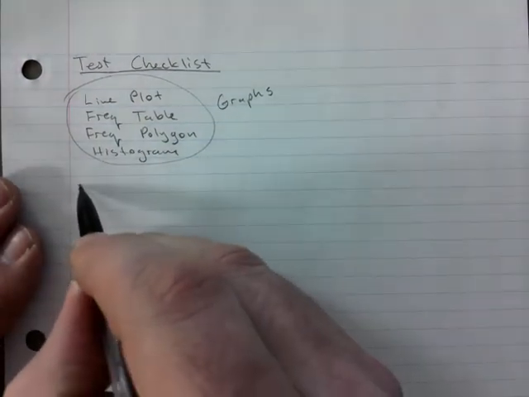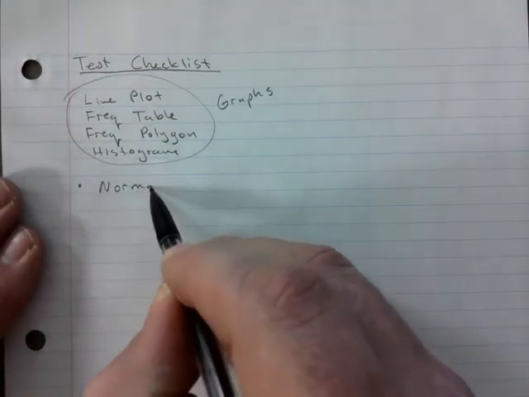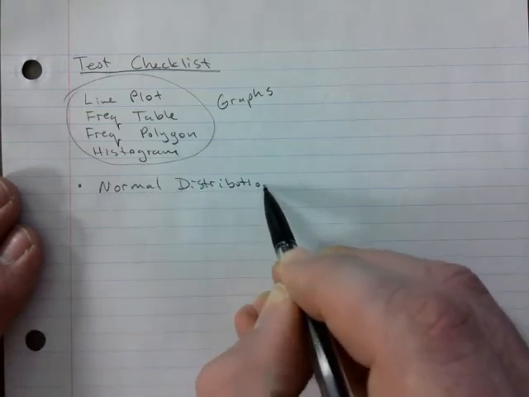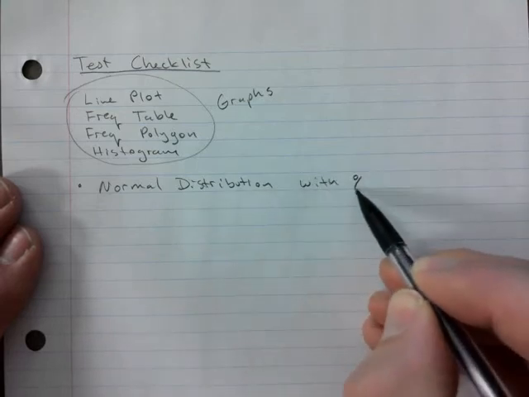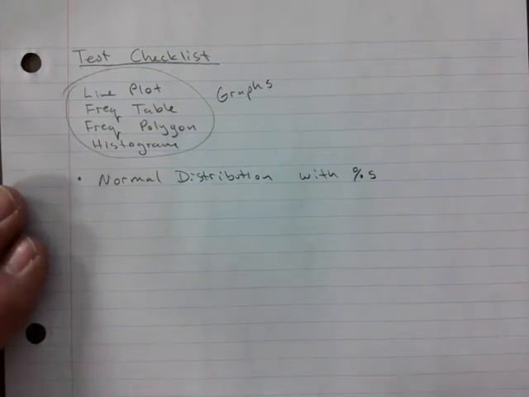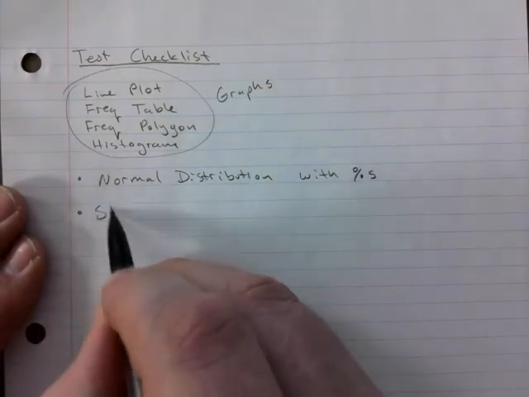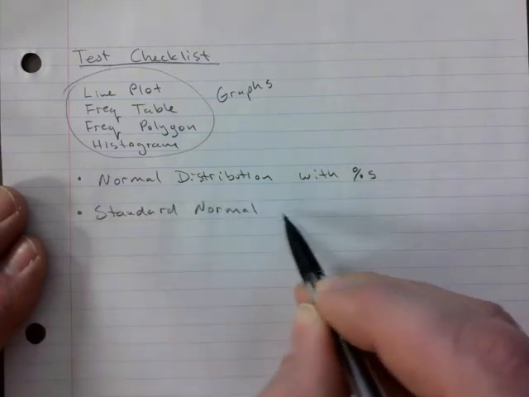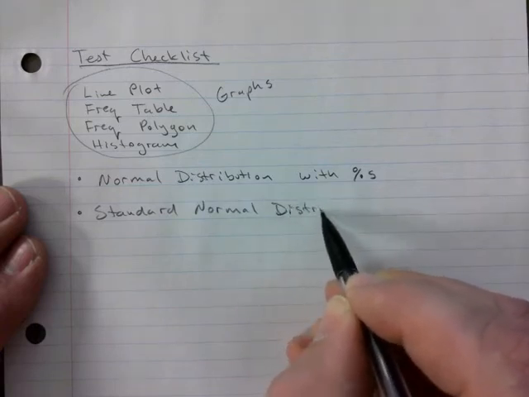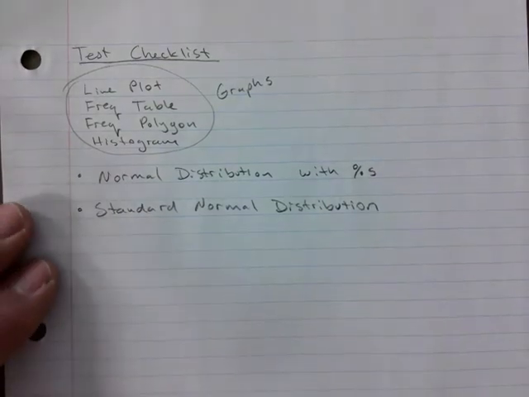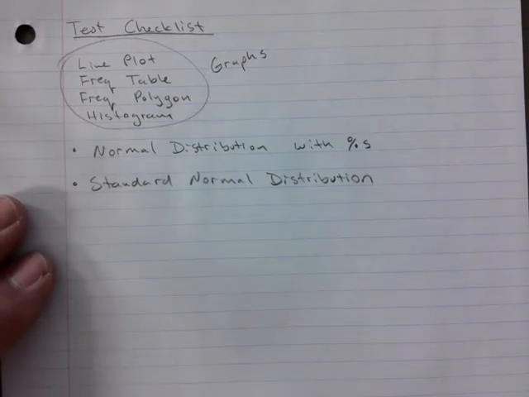You need to be able to know how to draw a normal distribution with percentages, the associated percentages that go with it. Standard normal distribution. Look at your notes. It's really a bell curve that has z-scores underneath, and that tells you how many standard deviations away from the mean you are, to the left or to the right.